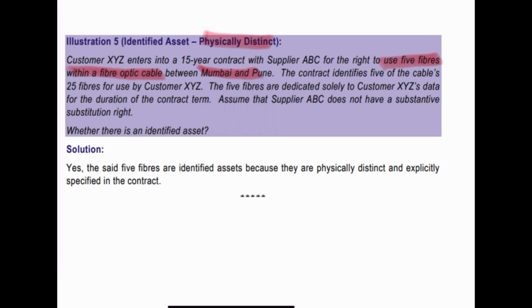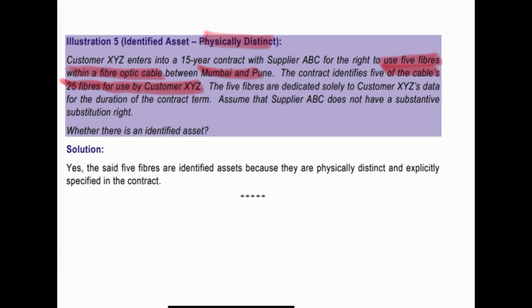The contract identified 5 fibers of the cable, 25 fibers for use of customer XYZ. The 5 fibers are dedicated solely to customer XYZ data for the duration of the contract term.